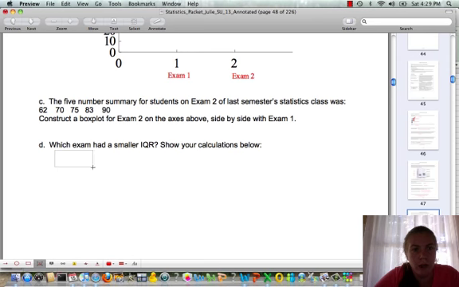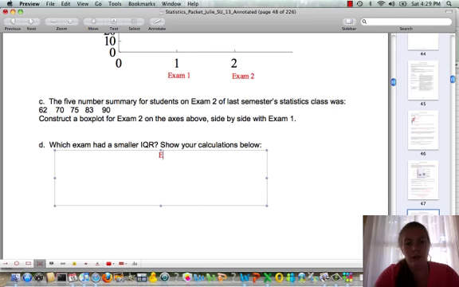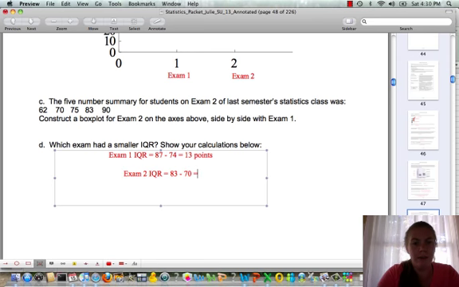So for exam 1, our IQR is going to be 87 subtract 74. And we see that that difference is 13 points. For exam 2, our IQR is going to be 83 subtract 70. And that difference is also 13 points.